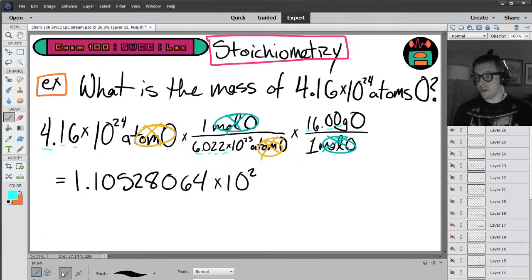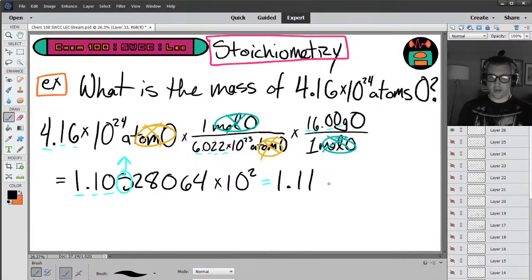My initial amount of atoms, however, only has 3. So I count off 1, 2, 3. 5 rounds up. So this will be 1.11. Oh no, sorry, 1.11 times 10 squared grams of oxygen.